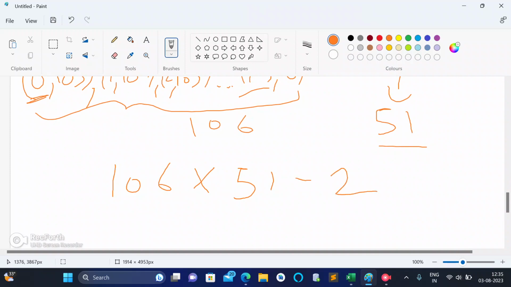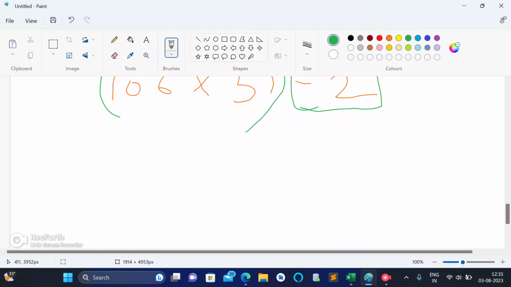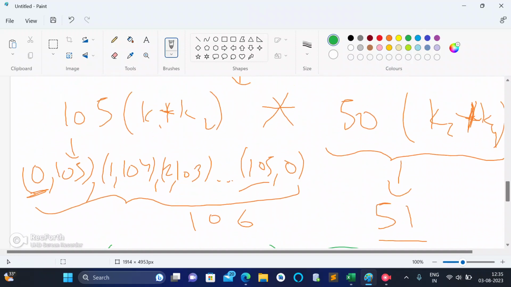So my answer would be 106 into 51 minus 2. Why am I doing minus 2? Because a case will happen when I have taken 0 and 105 and I have taken 0 and 50.